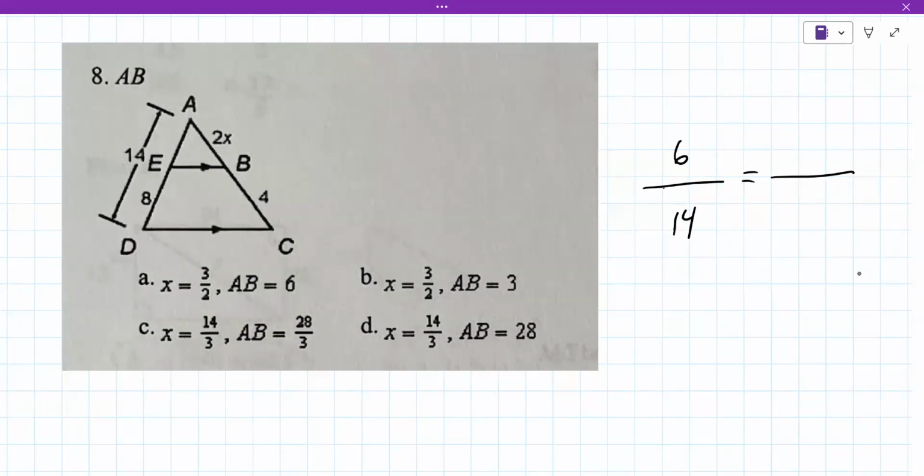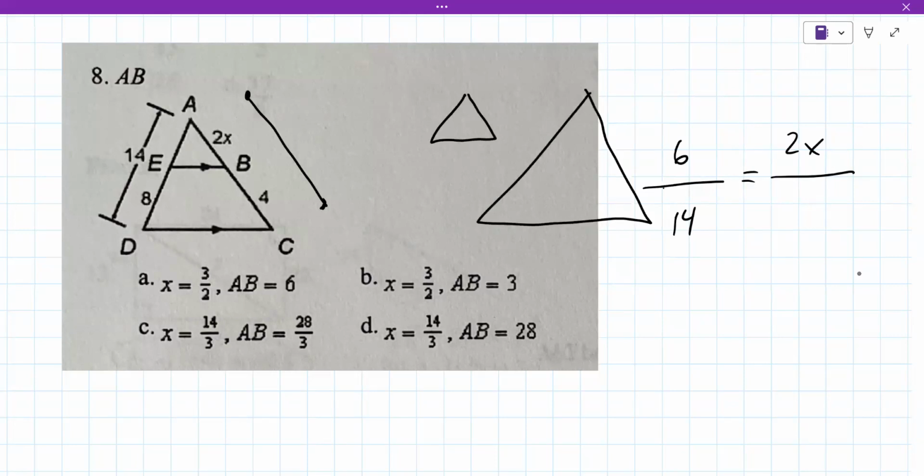So then we can do the part to whole. 8 is to 2x to 6. No, it has to be part to the whole. It's the triangles you're looking at, not this B to C, which is nothing. You have to get the whole triangle. You're like, okay, 6 and 2x, and then 14. And what's the other one here?